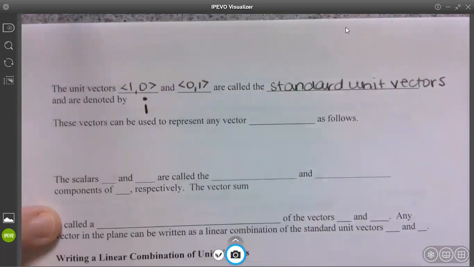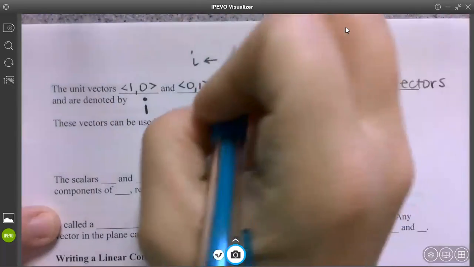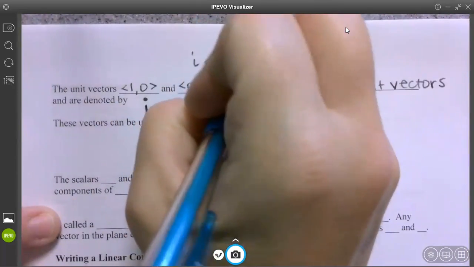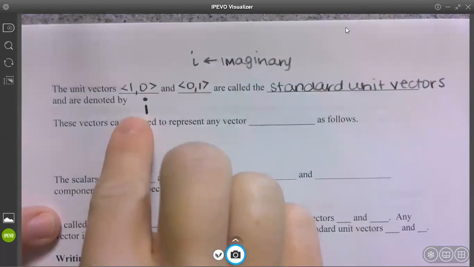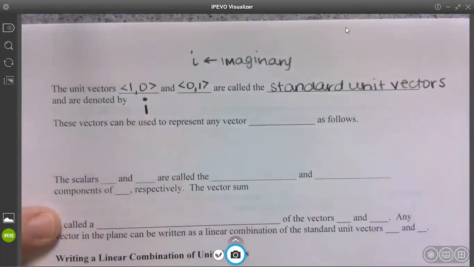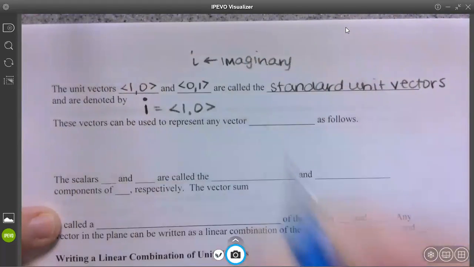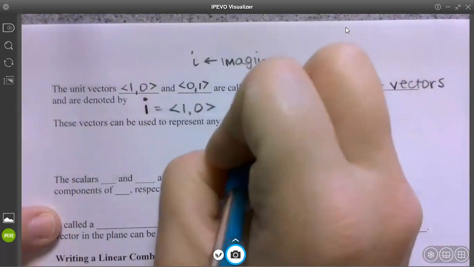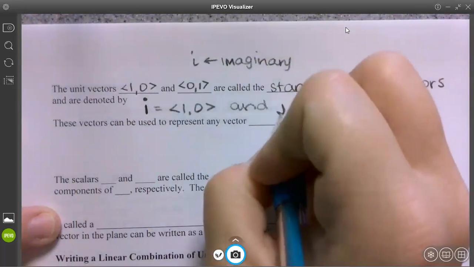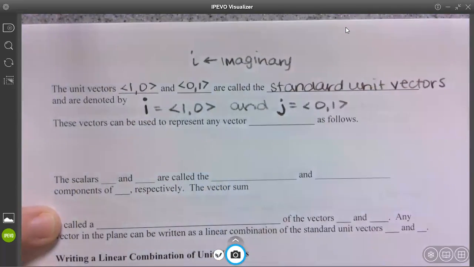I know that we have imaginaries where we have a curly i meaning imaginary. This is a regular font, just to know the difference between the two. That is your <1, 0>. And again, it's a vector, so it's bold for you guys. And then j is your <0, 1>.